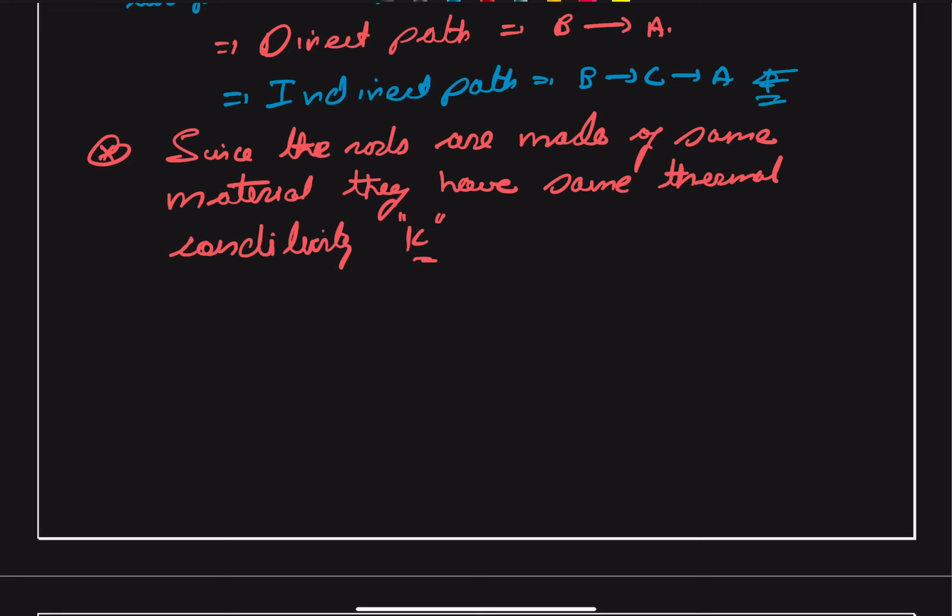So let us find the heat flow equation. For the first path we take B to C, and for the second path we take C to A, and then we can use their balance equation.